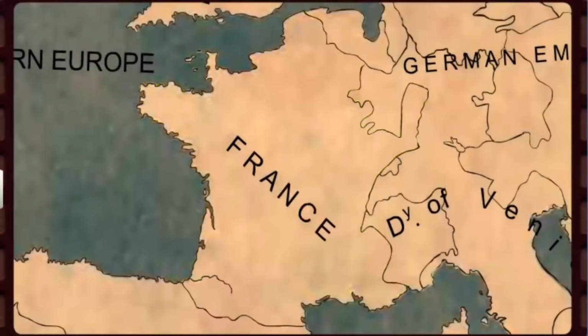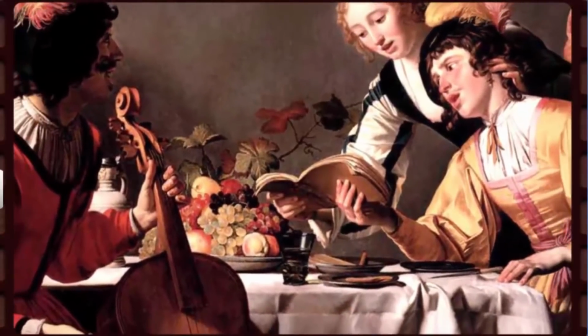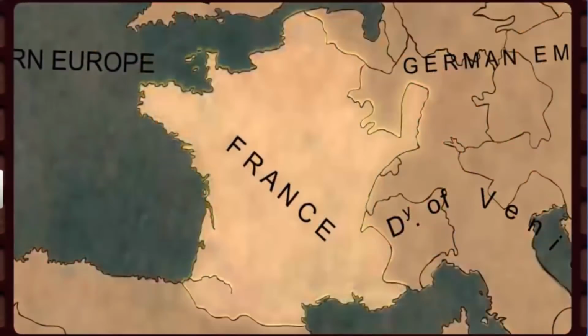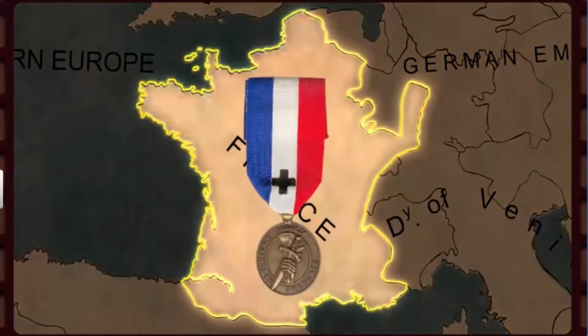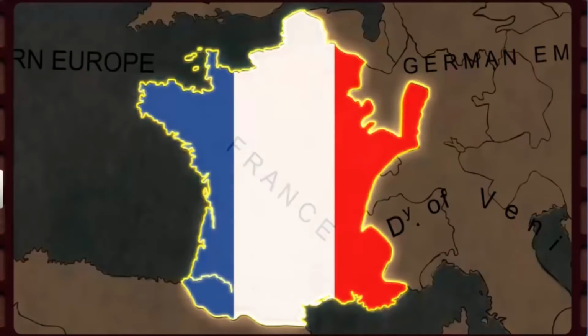To invoke nationalism, several hymns and songs were composed, and oaths were taken. The martyrs of the French Revolution were commemorated. French was adopted as the common language of France, and the use of regional dialects was discouraged.